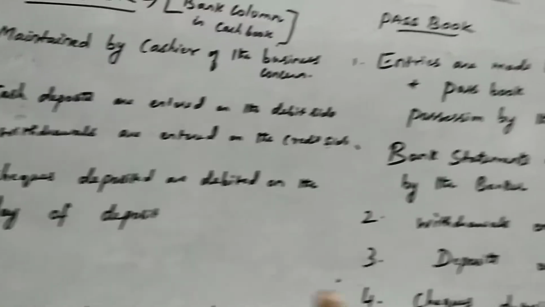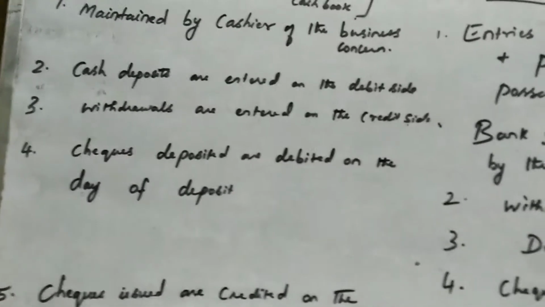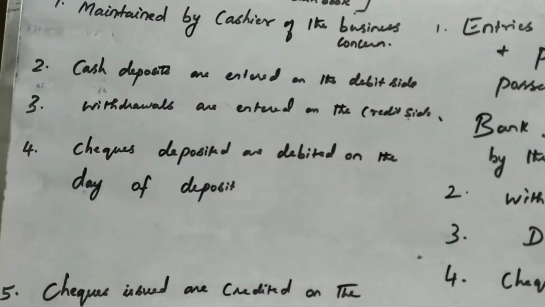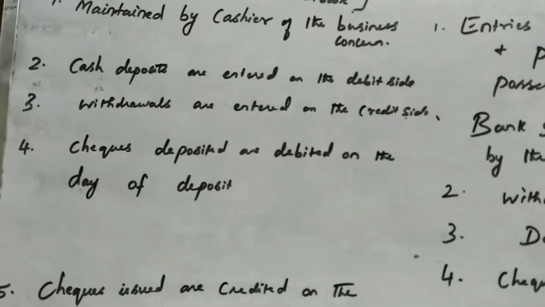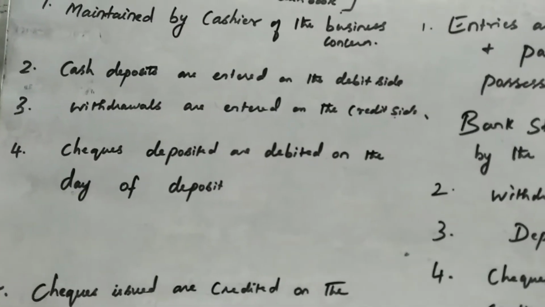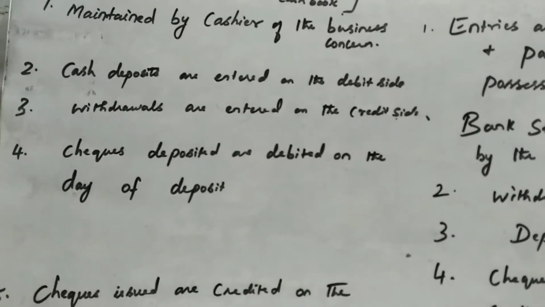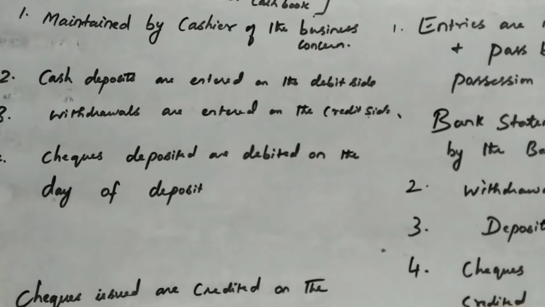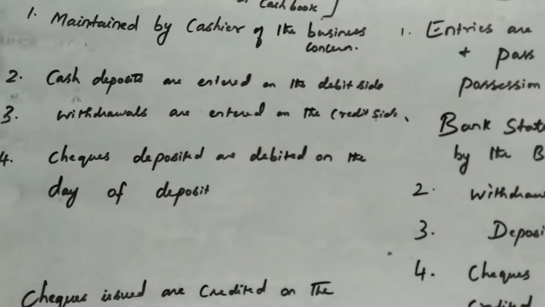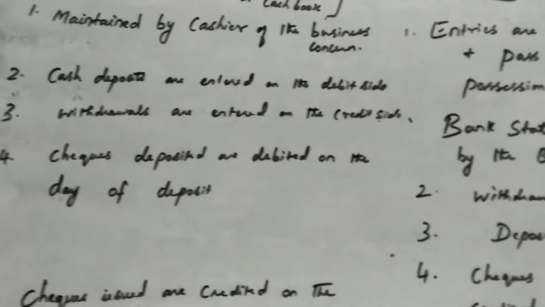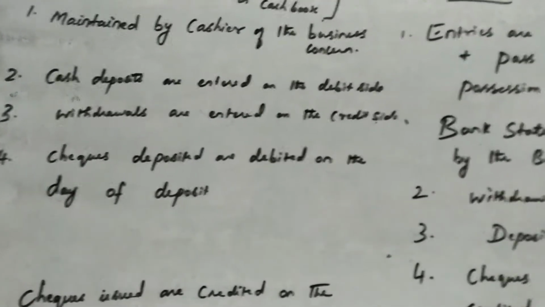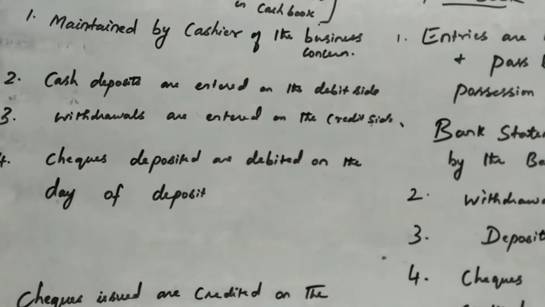So coming back to this fourth point, checks deposited, which means you have received a check and it is being deposited with the bank. So all those checks which are deposited will be shown on the debit side. Okay. On which date? On the date of deposit, when you are depositing the check with the bank.